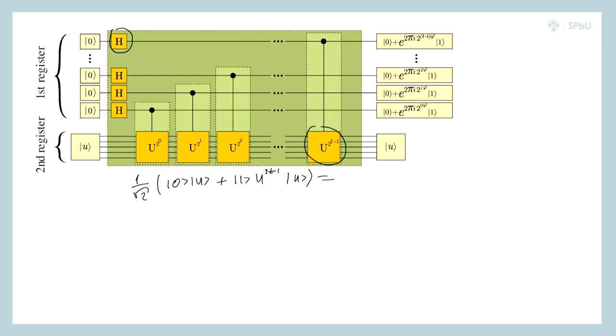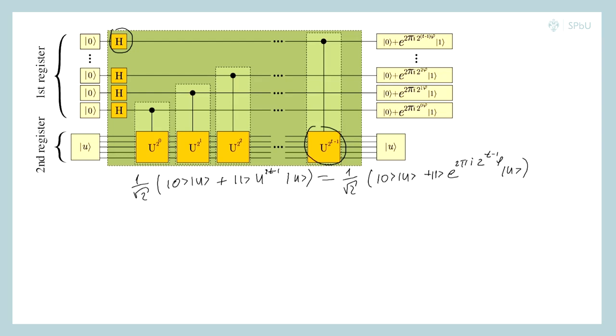And we could write it in the explicit form. So it is 1 over the square root of 2, 0 u plus the state 1, e to the power of 2 pi i, 2 to the power of t minus 1, on the phase factor phi, and on the u state.